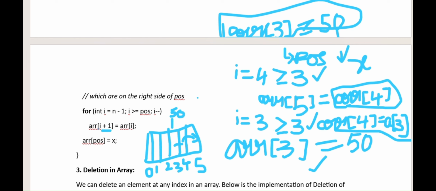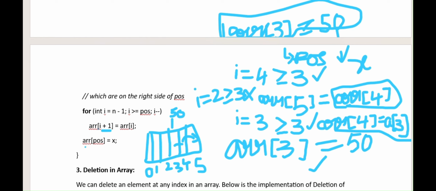Now i will become 2. Is 2 greater than or equal to 3? No. The condition fails, so the controller will come outside of the loop.